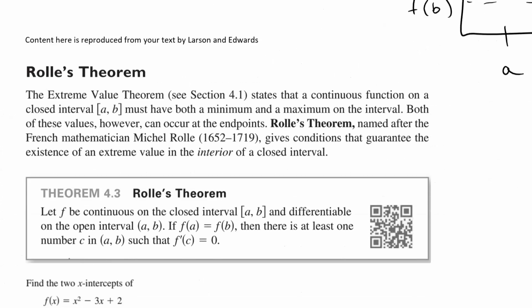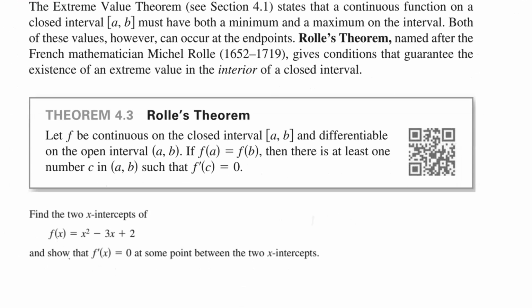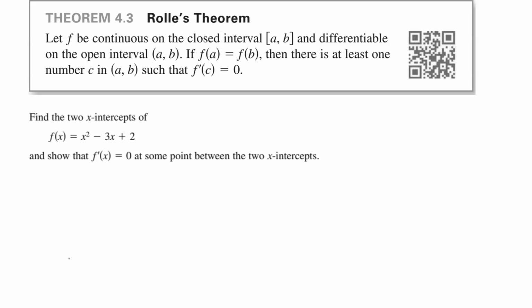So as your text states, we're turning that extreme value theorem, our focus, from the outside back inside on a closed interval. So take a moment to write down Rolle's theorem. It says that if we've got a function that is differentiable everywhere on the interval a to b and has f of a equal to f of b, so the y values are equal at the endpoints, then somewhere in the middle the derivative must be 0.